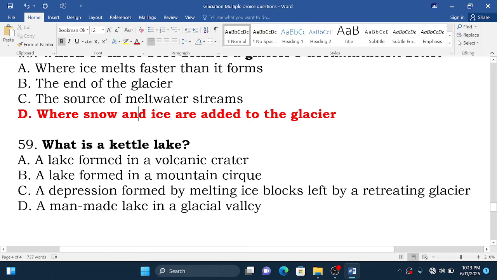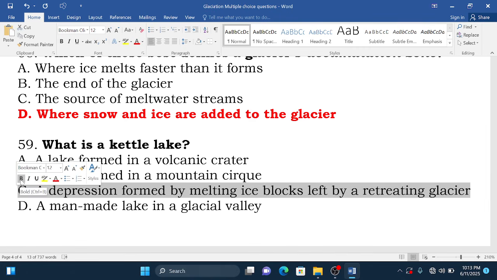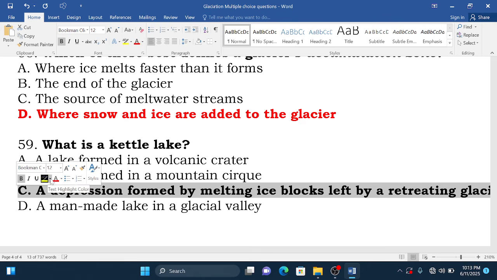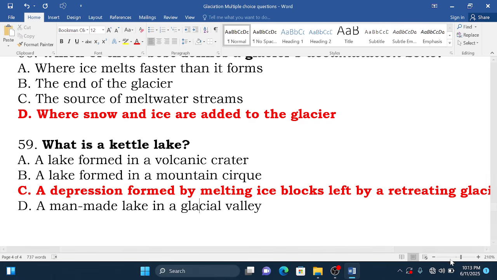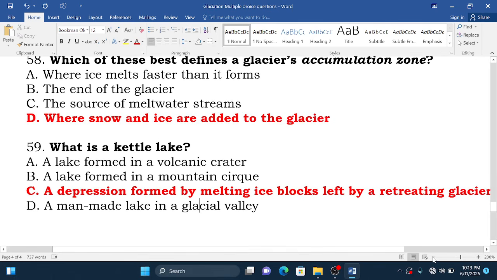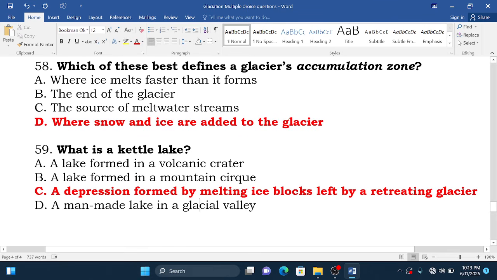D, a man-made lake in a glacial valley. So the correct answer is C, because a depression formed by melting of an ice block left by a retreating glacier is called a kettle lake.